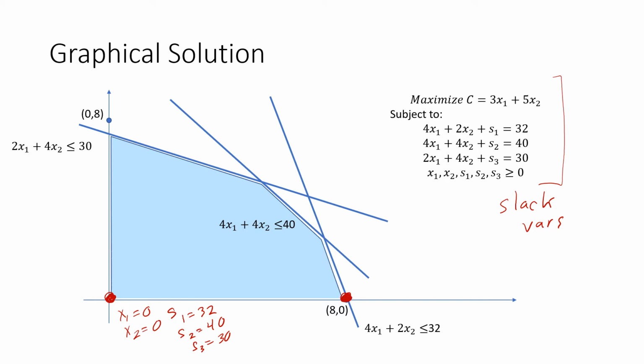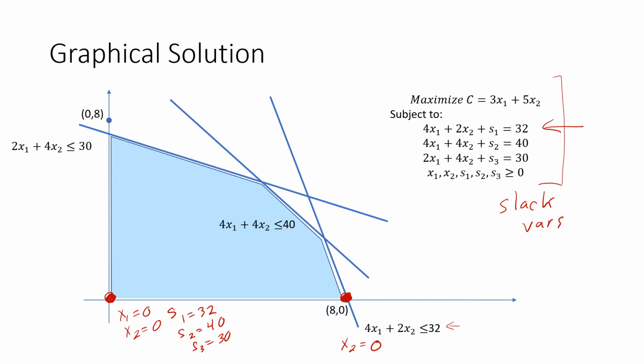What do we have? If you look at the point (8, 0), here x1 equals 8, x2 equals 0. You are going to have x2 equals 0, as we noted, but you are also going to have this equation, which is our first constraint. The slack variable in there is S1.